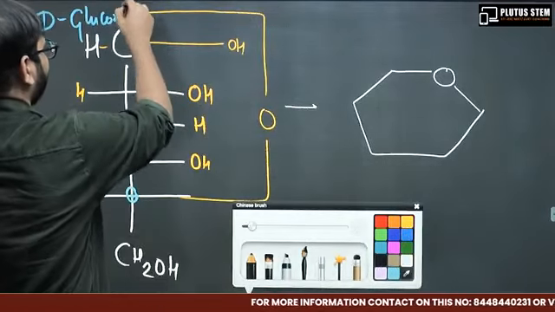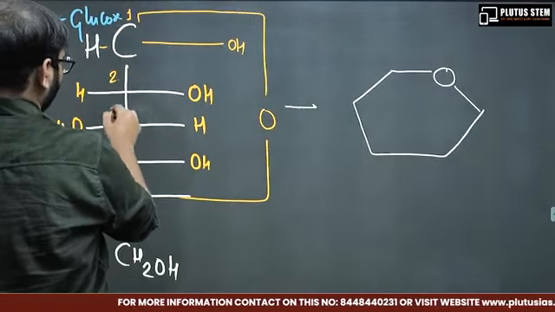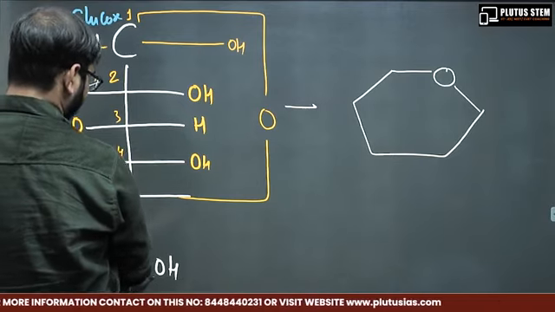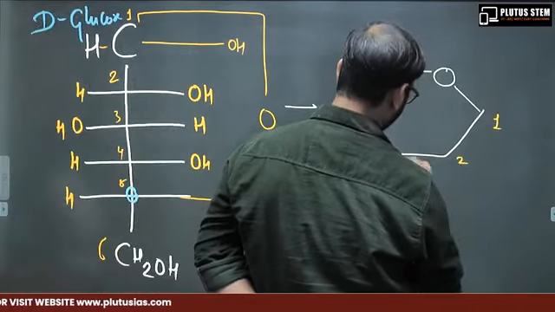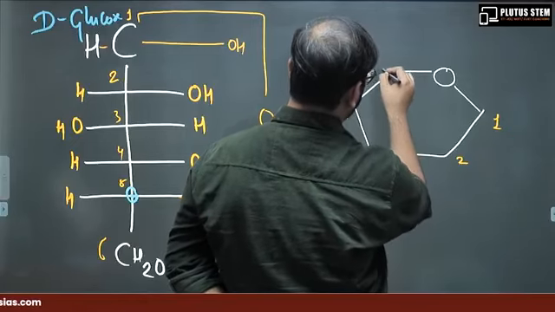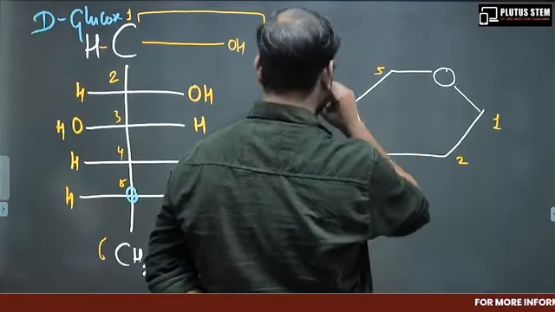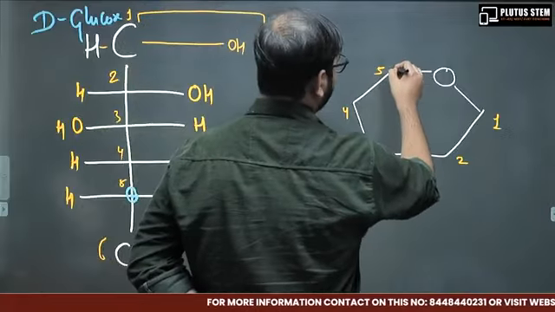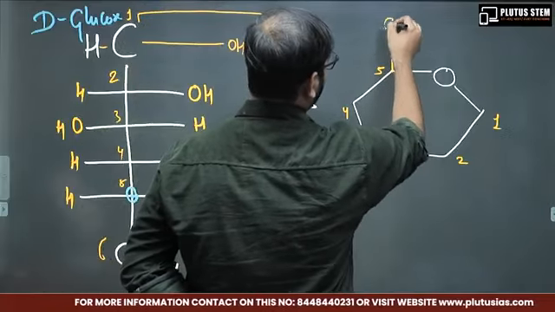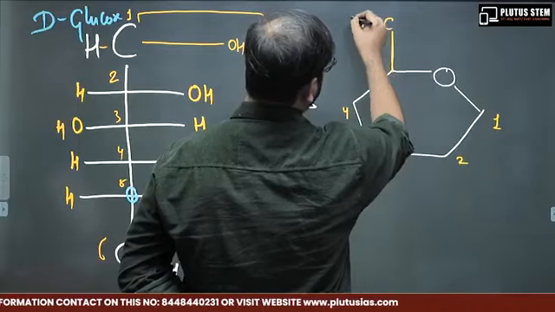Now marking the number of carbons: carbon 1, 2, 3, 4, 5, 6, in the clockwise direction. The sixth carbon is always lying outside of the ring, and it is always represented above the ring.